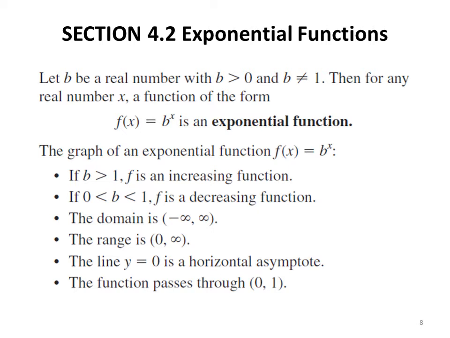In the case where the function is decreasing, when b is less than 1 and greater than 0, then the value of the function will get closer and closer to 0 as x approaches infinity. But in both cases, the x-axis will work as a horizontal asymptote.